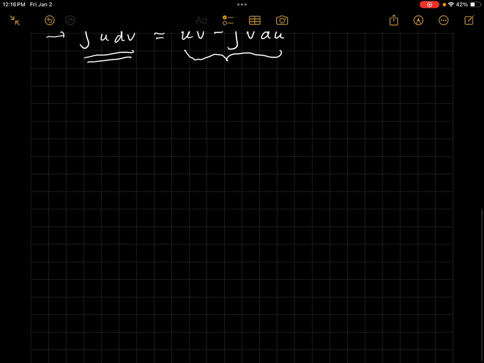Let's do the integral of x times sine of x. Now, I recognize this as integration by parts. I don't know how to do it, or I don't know the answer. Integration by substitution doesn't work. So at this point, I don't have any other techniques, so it must be integration by parts.